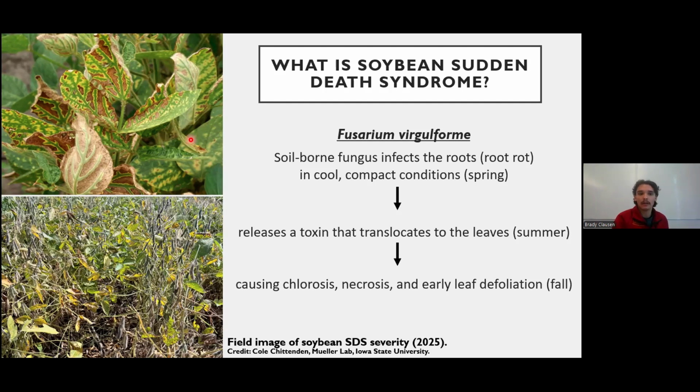Then around the time of harvest, we have chlorosis, necrosis, and early leaf defoliation. In the top left, that's the picture you're seeing here. And the bottom left, I really like this picture because it's from this past year, 2025, showing the latest harvest and what they were seeing for SDS here in Ames. You can see the damage it could potentially do towards the senescence stage of the soybean.